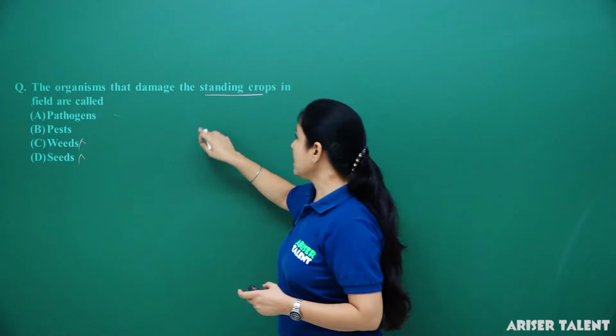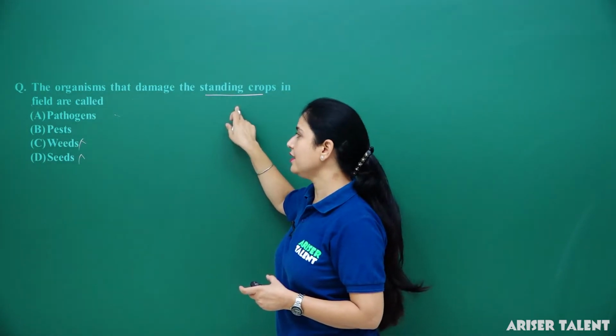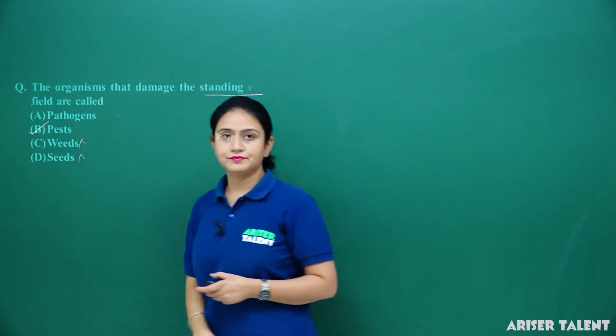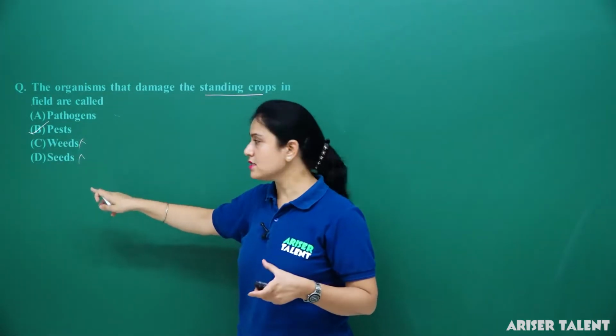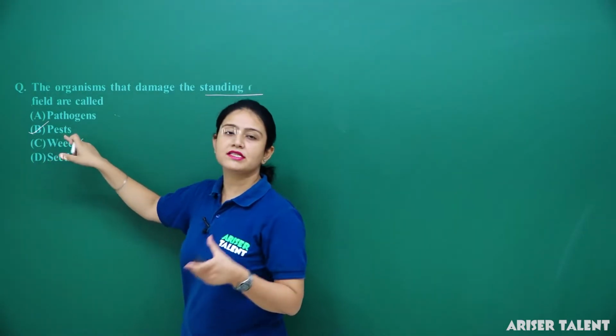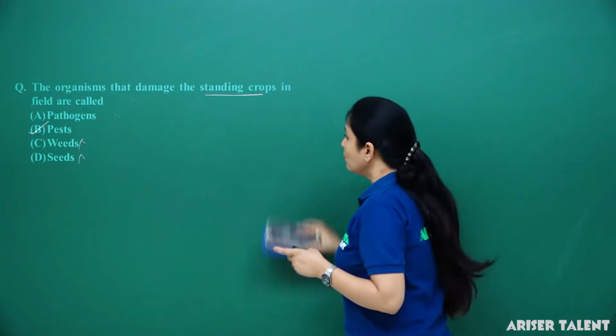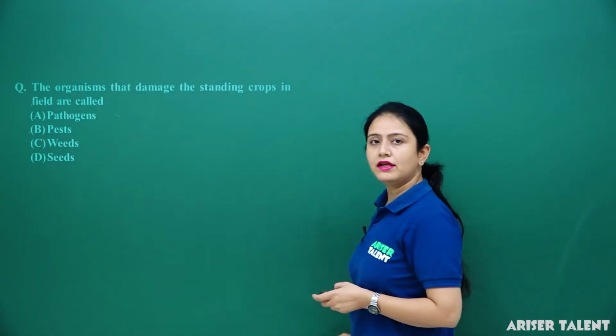So the organisms that damage the standing crops are pests, because pathogens are microorganisms, weeds are plants, and seeds are not organisms. So the correct option is pest, meaning insects. These are the insects which damage the standing crops.